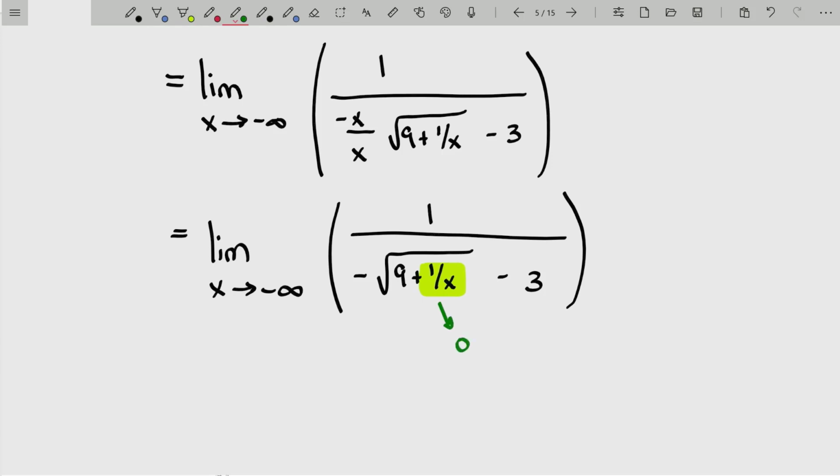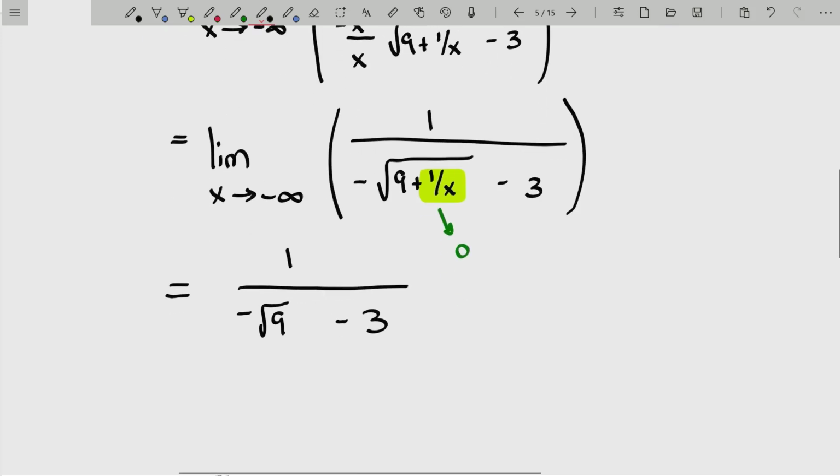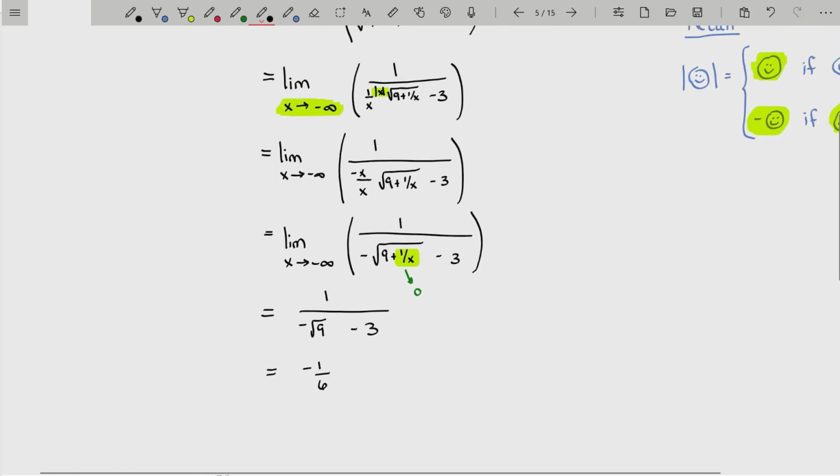And so once I make that note for my instructor, hey, I know 1 over x is approaching 0, everything else is fine, now I can continue forward without the limit. I can say this is equal to then 1 over a negative root 9 minus 3. That's a negative 3 minus 3, or negative 1 over 6.